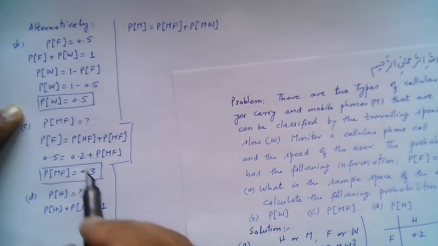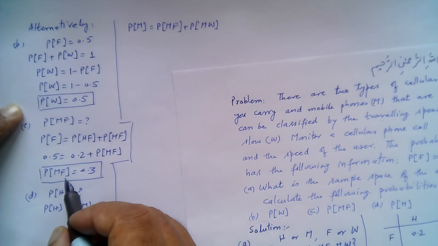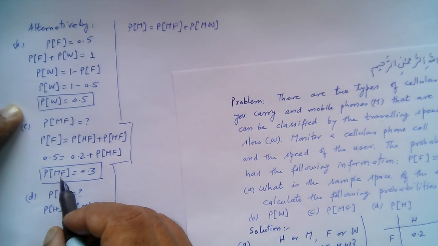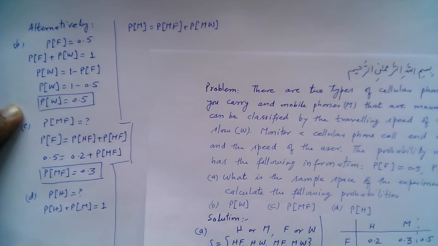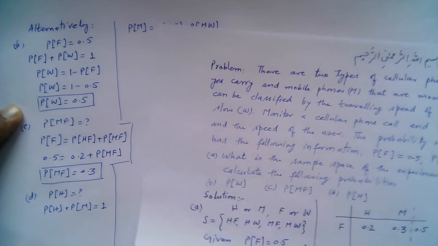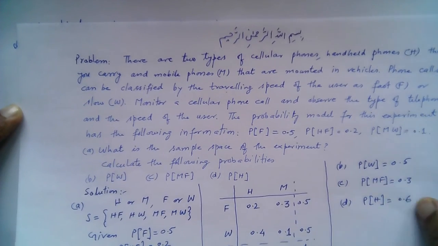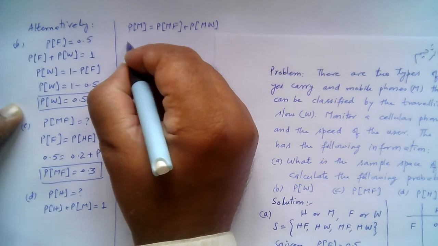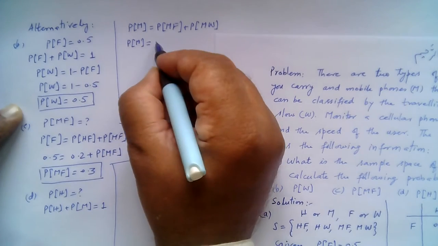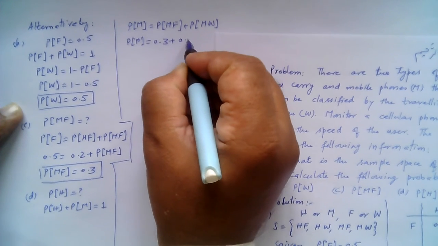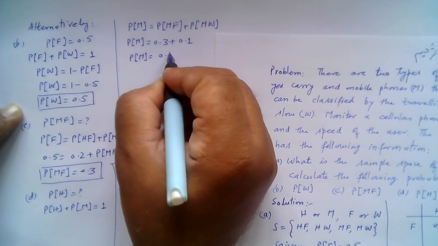So we have already found out probability of MF here, 0.3, and probability of MW is given, right? Is given as 0.1. So probability of mobile phone is 0.3 plus 0.1. So probability of phone being mobile is 0.4.